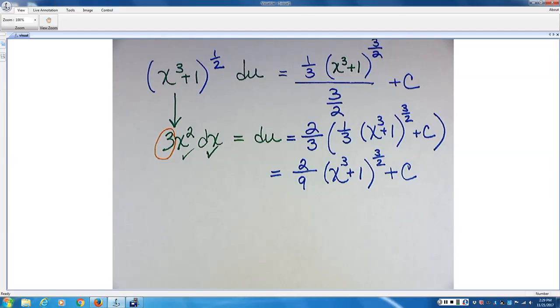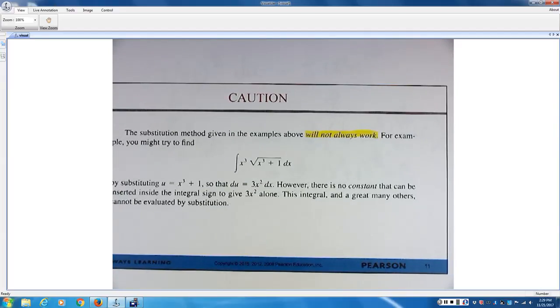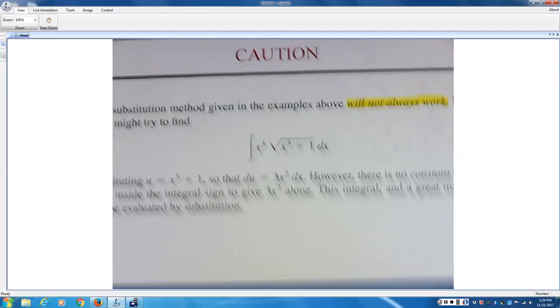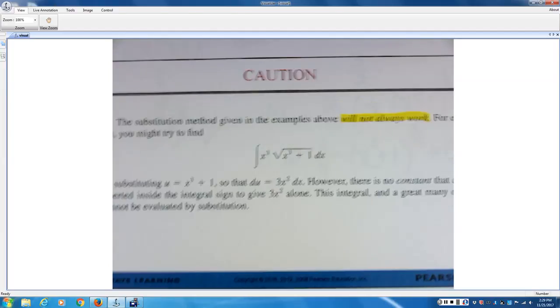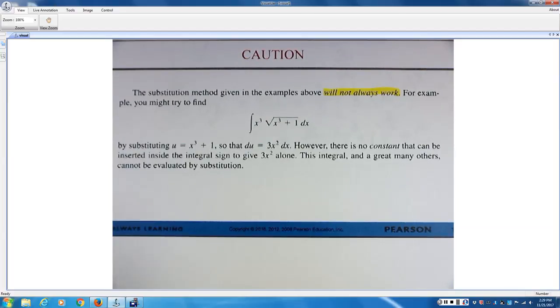Now, there is a little caution that you need to know about here. And this is very important. What did we actually put in last time for that U substitution?